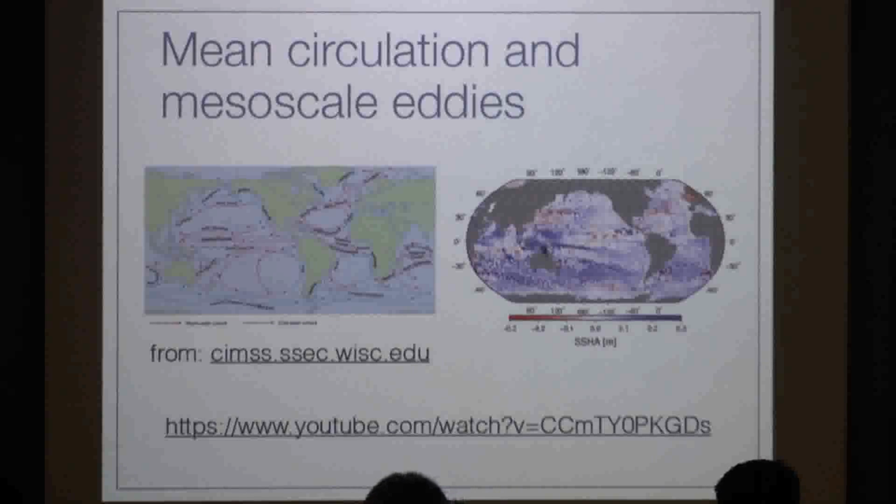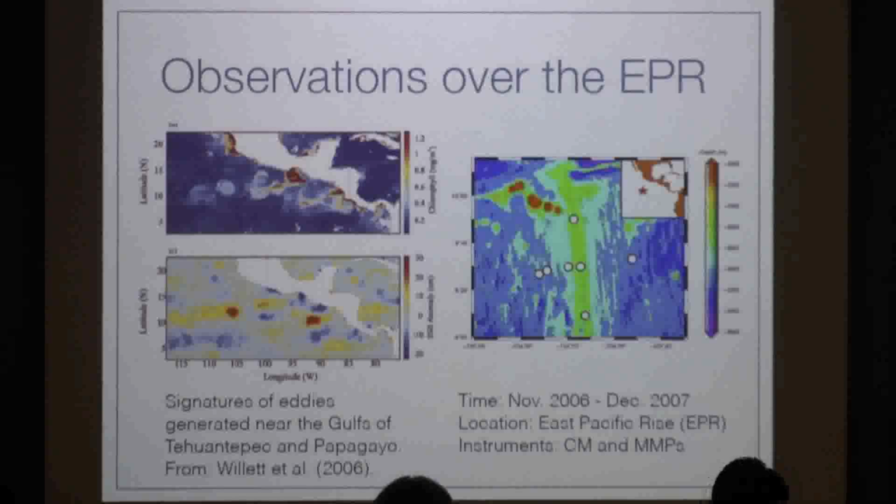To address that question, we conduct a regional study to try to figure out the impact and the signals of mesoscale eddies in the deep ocean. The region we chose is the East Pacific Rise. Here you can see this is Mexico.